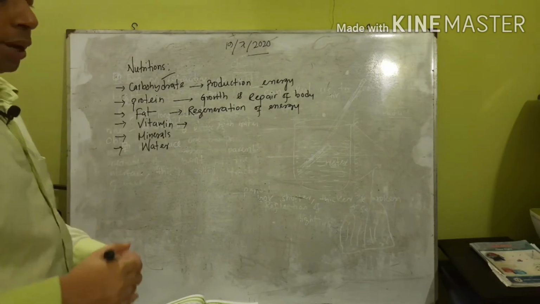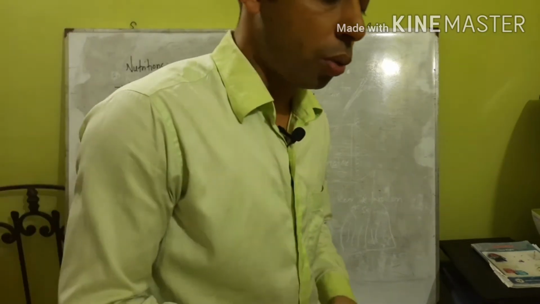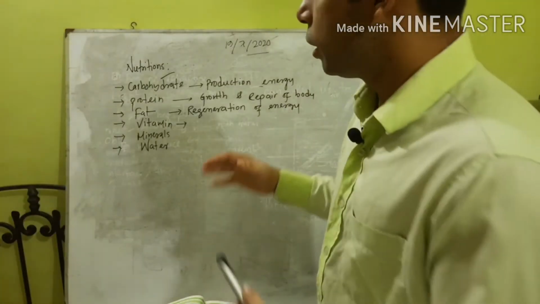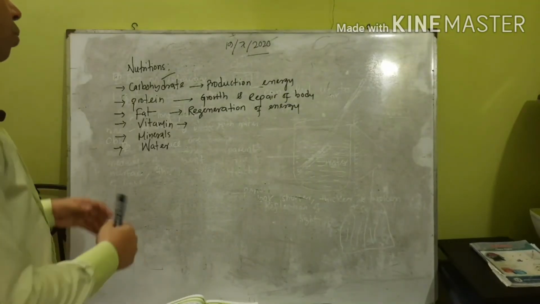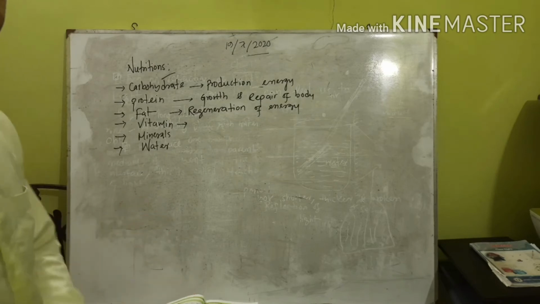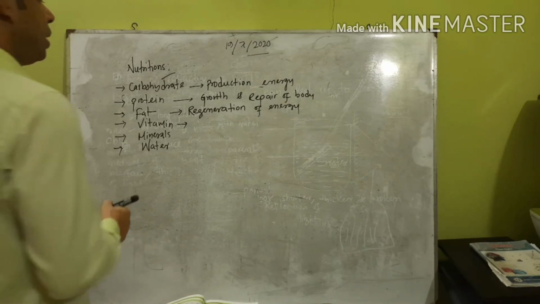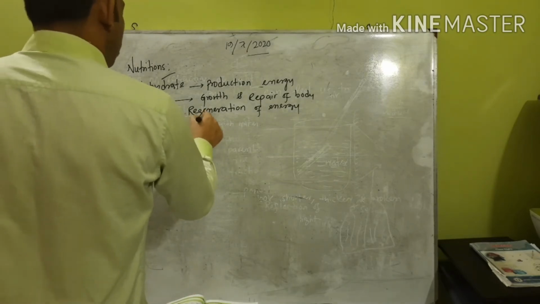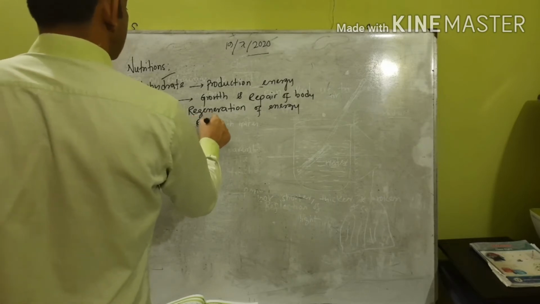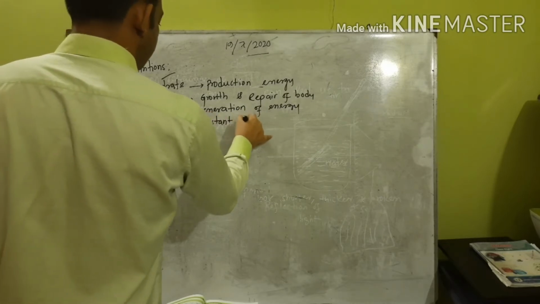In a short way, in a general concept, the function of each element is given in your book like that. Vitamin: resistance against disease.